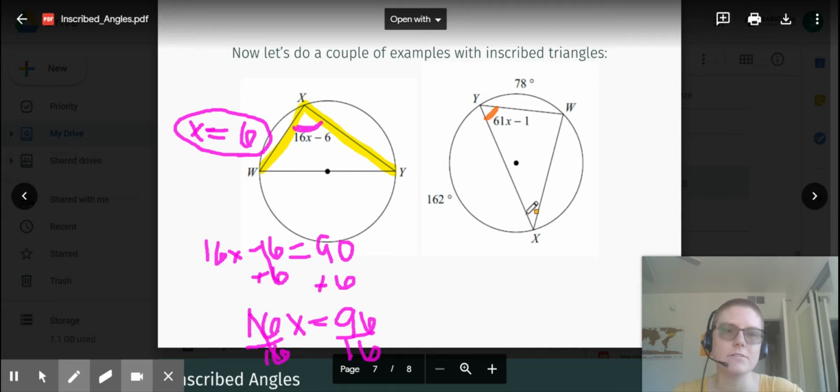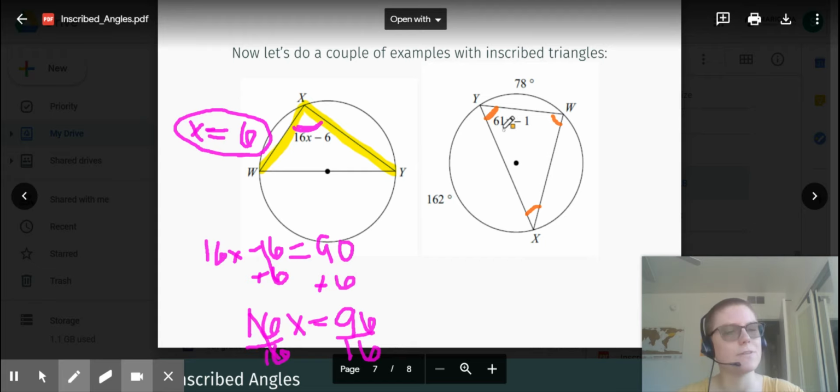There's more than one way you can solve this problem. The way that seems most obvious to me is, since each angle is half as big as the arc it intercepts, I would find what these two angles are, make them all add up to 180, and then solve for x. So we'll do that first, and then I'll do another way as well.